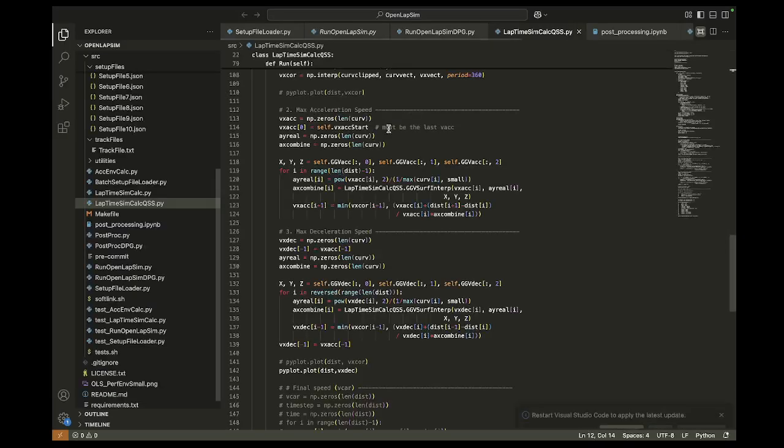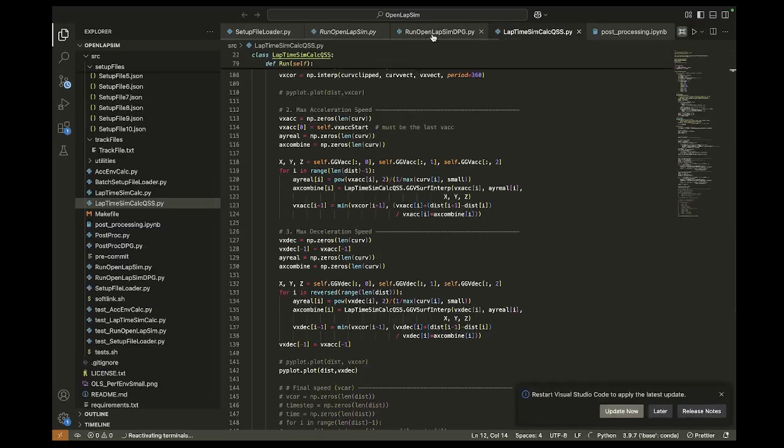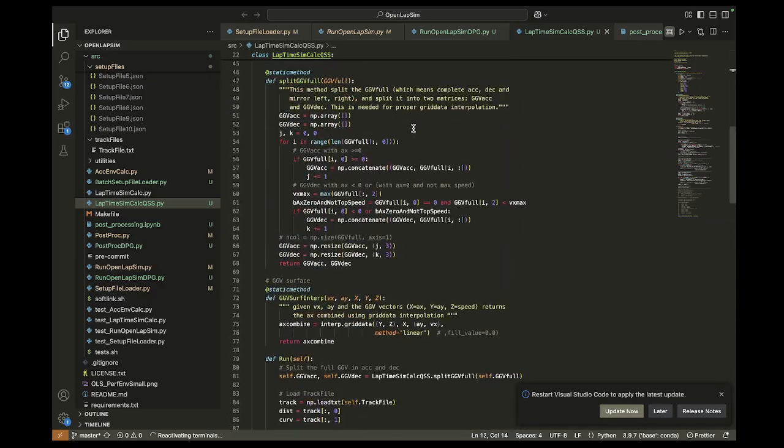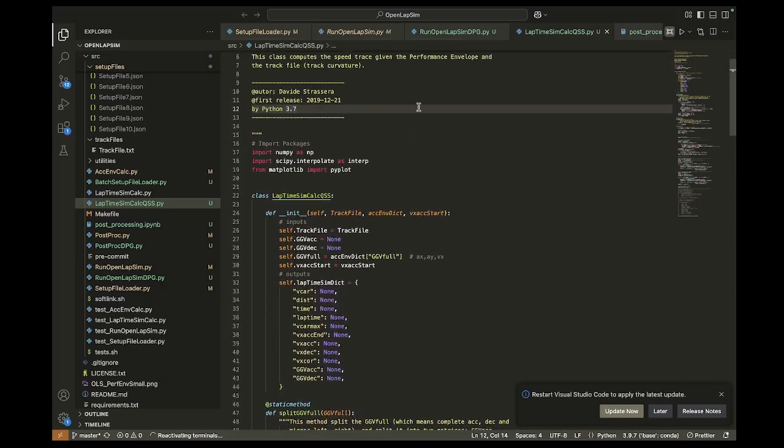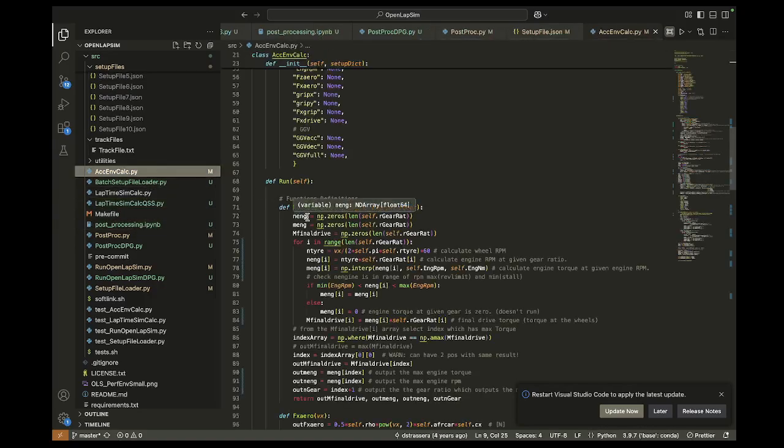So we would be modifying not this one, this one.